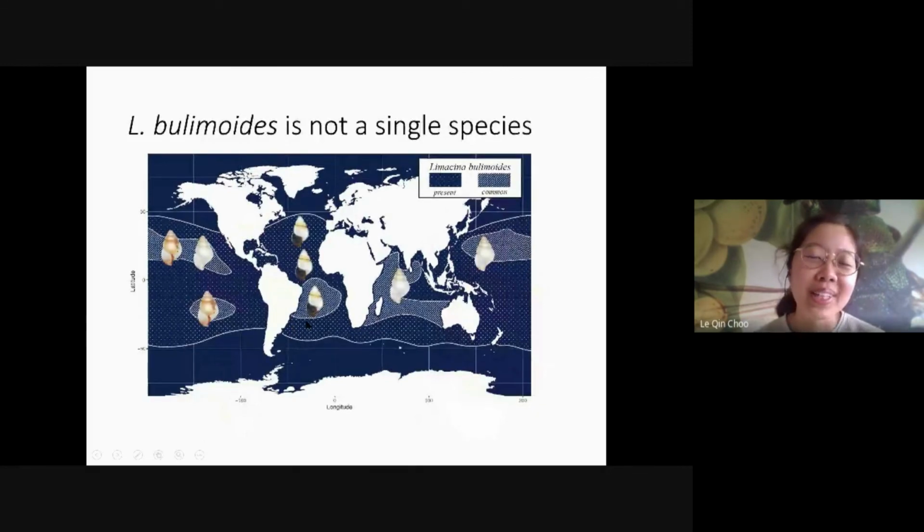So to conclude, Limacina boulemoides is not a circumglobal species. Rather, they're distributed into 3 separately diverging lineages, and there is no evidence of recent admixture or hybridization between them. This means that they're reproductively isolated, which is also confirmed by the presence of sympatric lineages in the North Pacific.